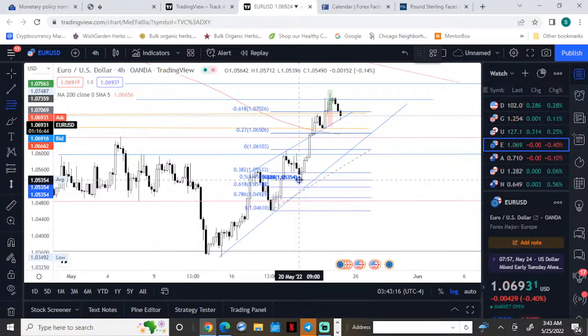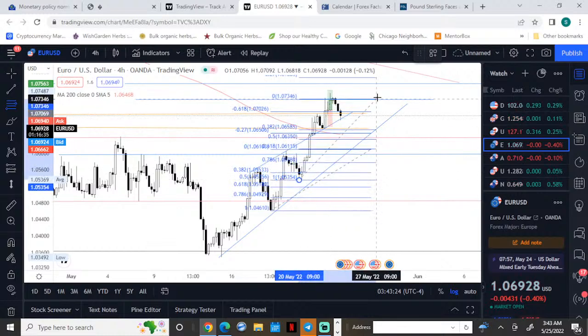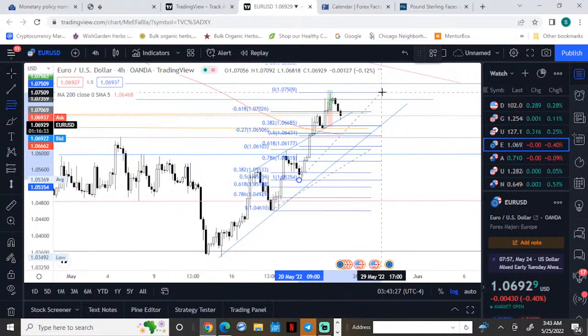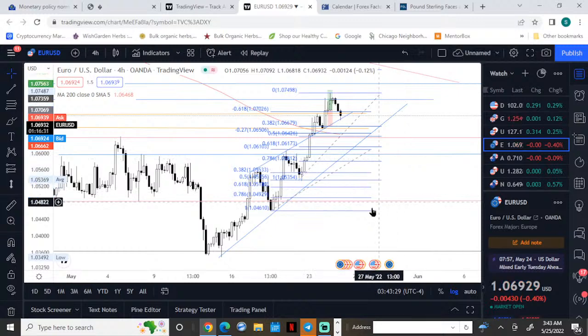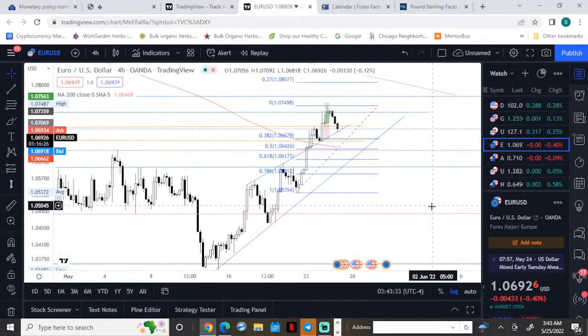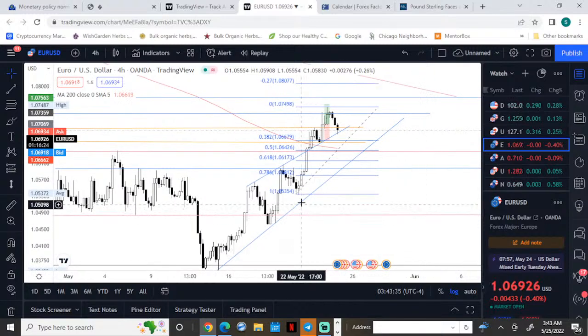Now, I am going to use this as our point B, since we're getting this pullback right here.